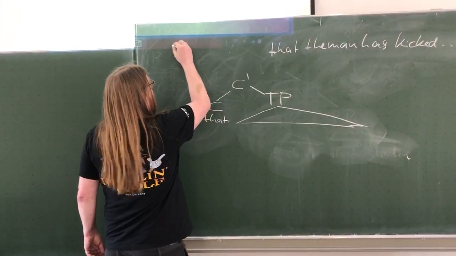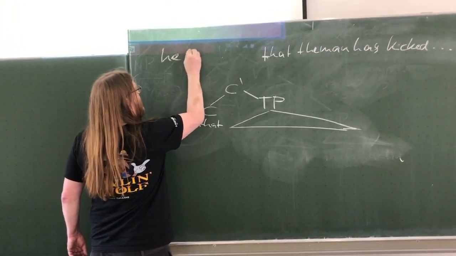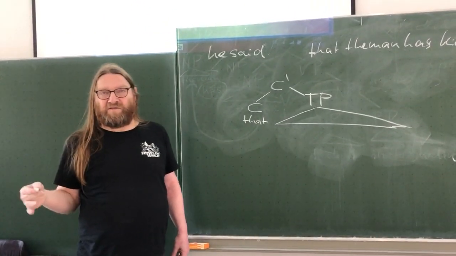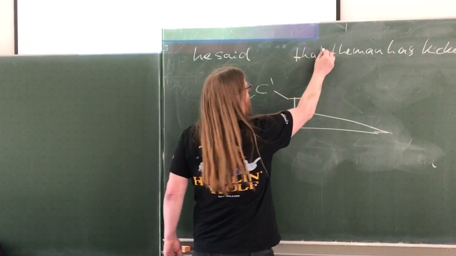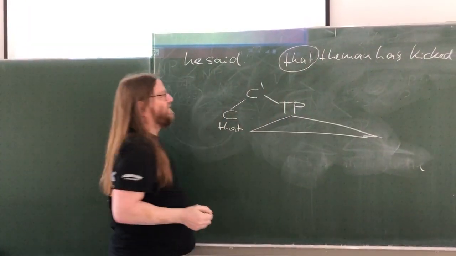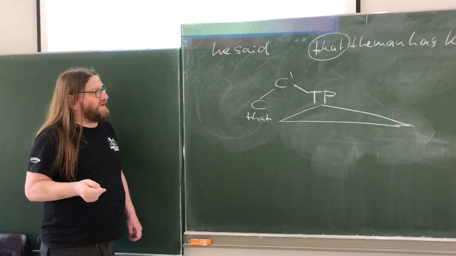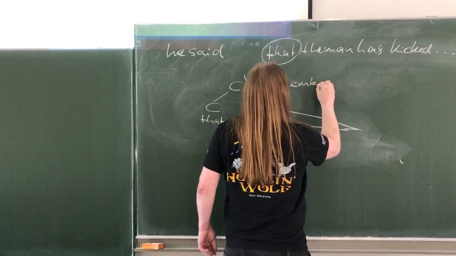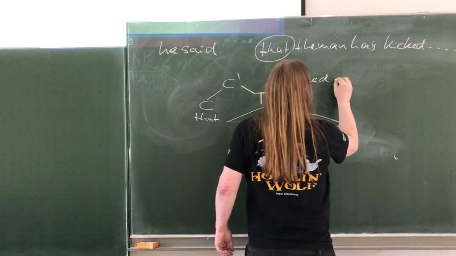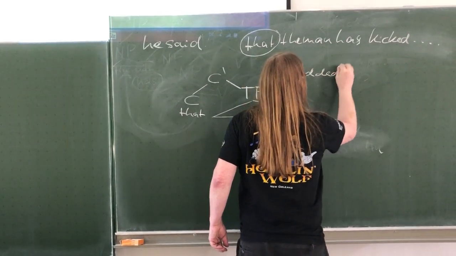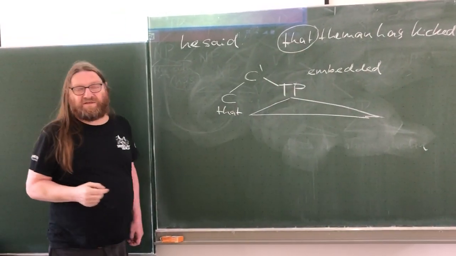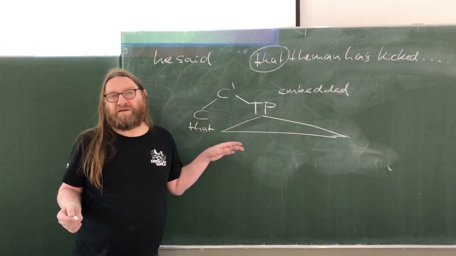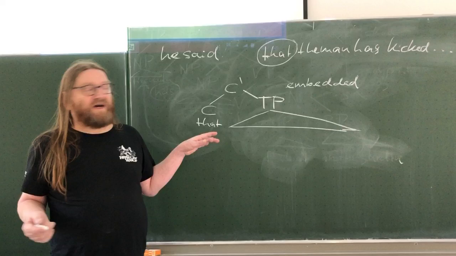So one could say, he said that the man has kicked, and so on and so forth. And introducing the complement is the function of the complementizer. So this is something that we find in embedded sentences, and as you know, in English we can often delete the complementizer.